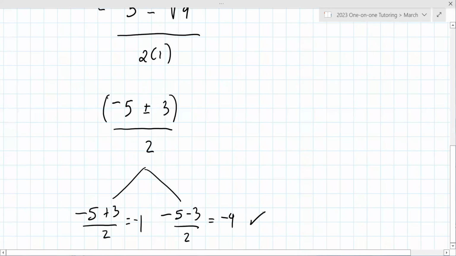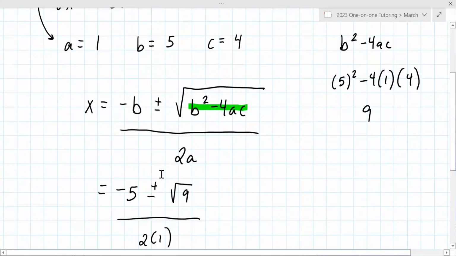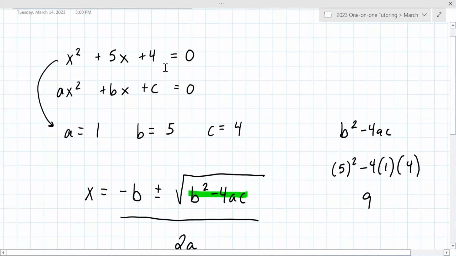Okay. So let's try to summarize what we've done here, because it's going to be the same in all the problems. You start by setting it equal to 0. So we'll see that in some future problems here where it's not 0. And you do want to get everything on one side of the equation. You identify A, B, and C. I think it's good to write them out just for clarity.